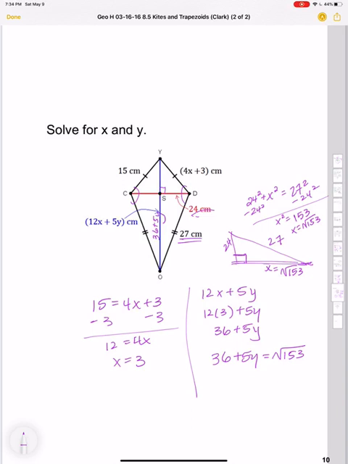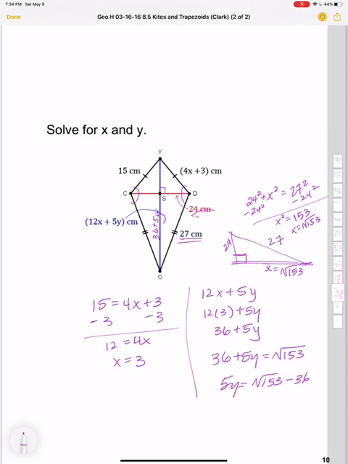Well, not the most beautiful question. So then that means that 5y equals the square root of 153 minus 36. I wonder if there's something wrong with this problem.